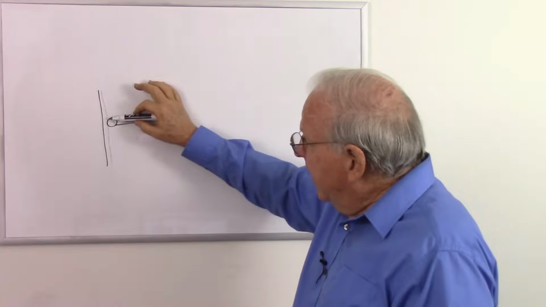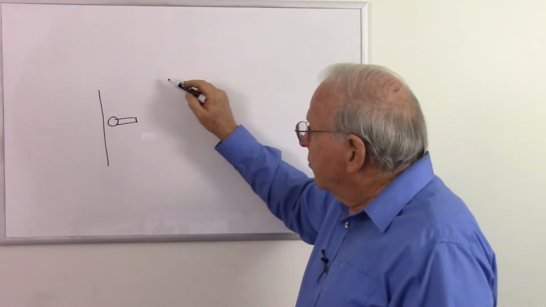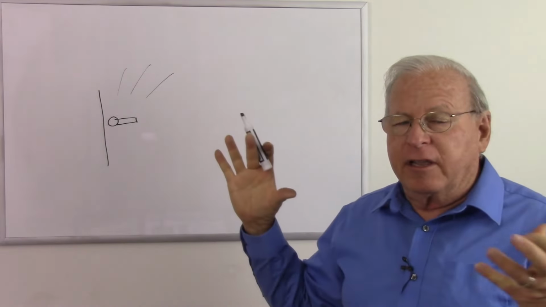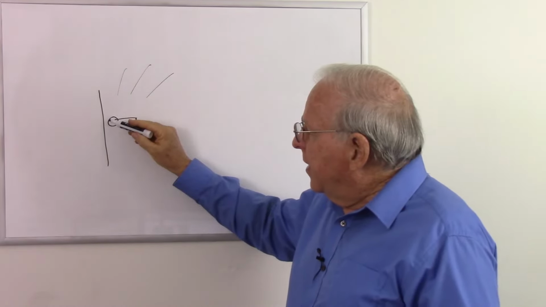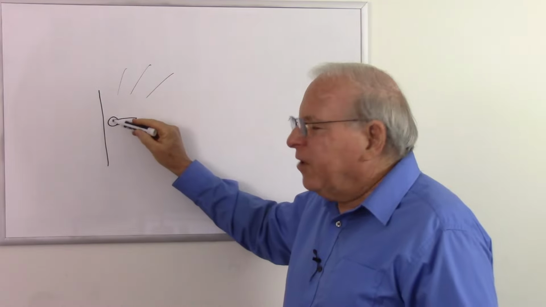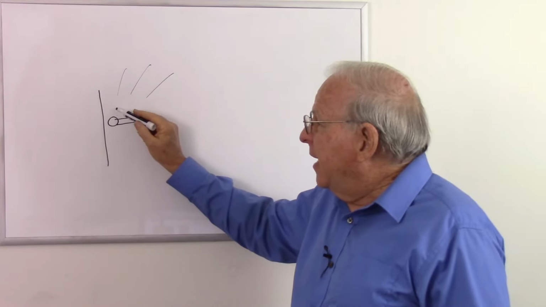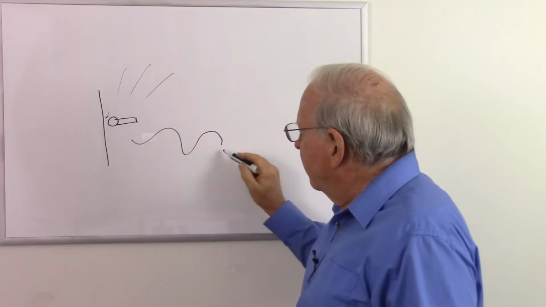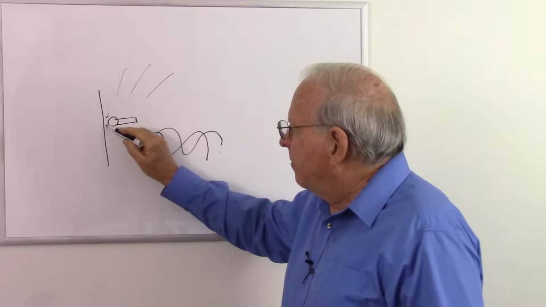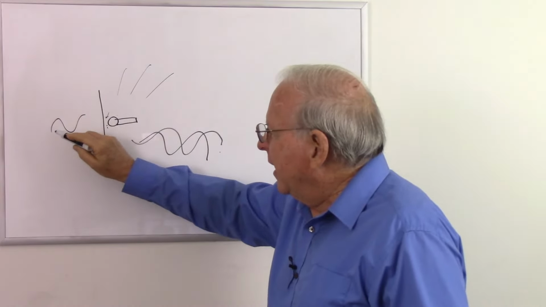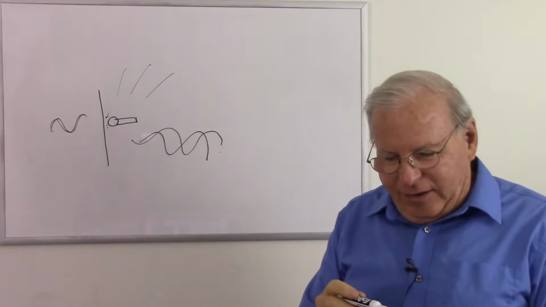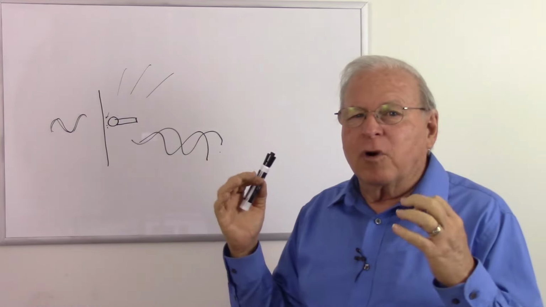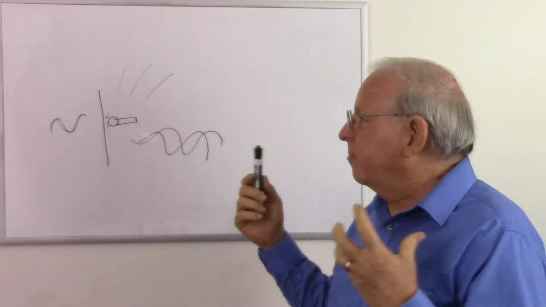A phenomenon happens here where the sounds coming in, even if they're out of phase because they're coming in from different directions, reflecting off different surfaces, have trouble moving through this area in such a way that it tends to put them back in phase. So here come these two sounds out of phase, and by the time they hit the microphone, they are now in phase. And so this type of microphone can be used to pick up sounds in a room, and makes these sounds sound more like we hear them naturally, like they've been processed by our brain.